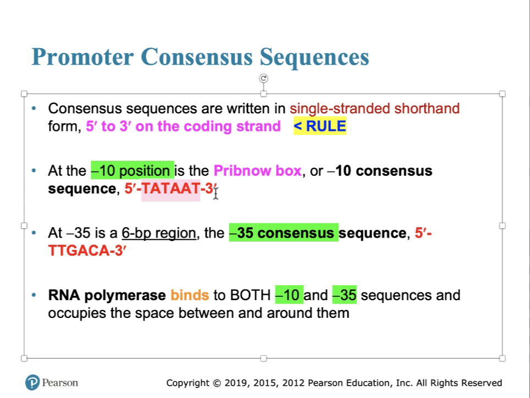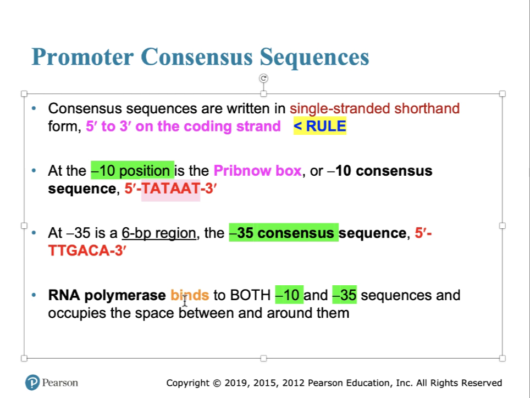You may want to remember this. And also, just a few nucleotides away at -35 is another consensus sequence called the -35 sequence, which has the 6 bases of TTGACA. Why is this important?